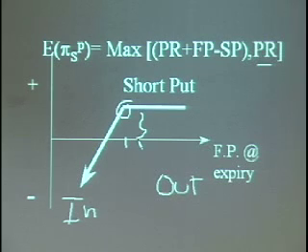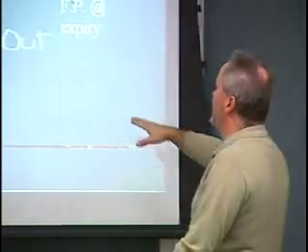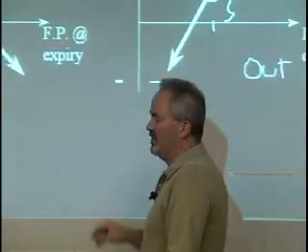And your loss will equal the premium, which is constant, plus the futures price minus the strike, which is constant. So if the futures price falls, then it moves into the money, which is not good for someone who sold the put, because then you move into negative territory, and that's where you have a loss.